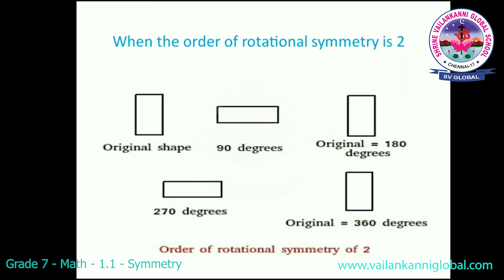So the 180 degree and 360 degree positions are similar to the original shape. Then the order of rotational symmetry is 2. So when an object rotates, the number of times it looks similar to the original object is called the order of rotation.